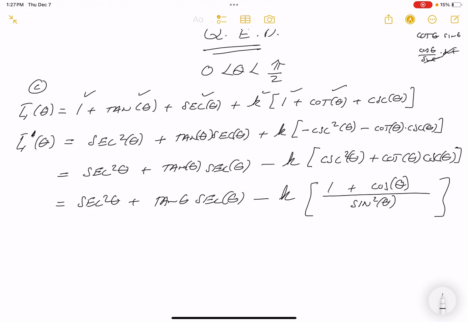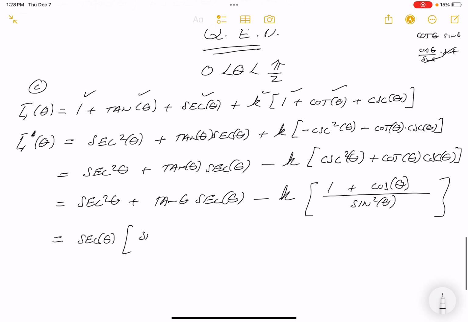Then the question goes, what are you going to do about that? And this is problematic. I've got to look at this thing and wonder what to do with it. I'm looking at it, and I'm trying to figure out what to do here. You know what I'm going to do? I'm going to factor out a secant now. So I'm going to factor a secant out from this.